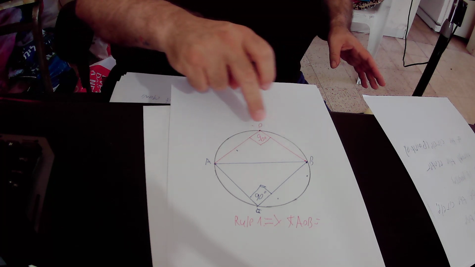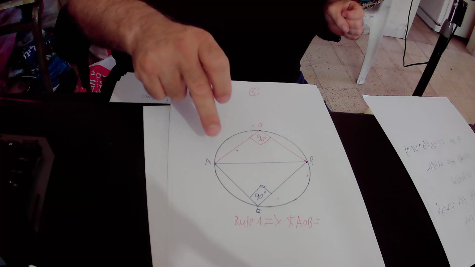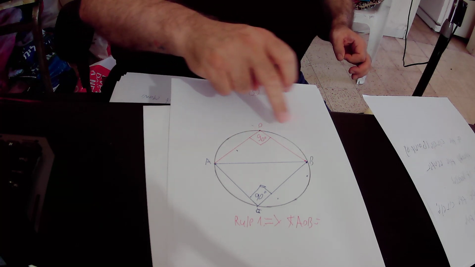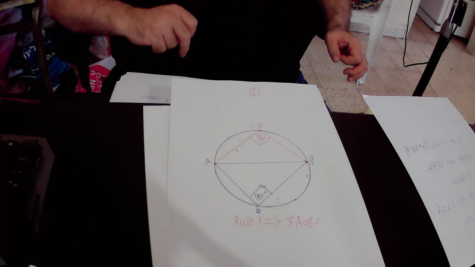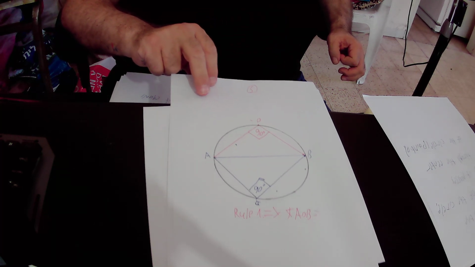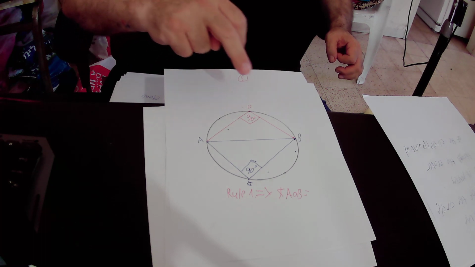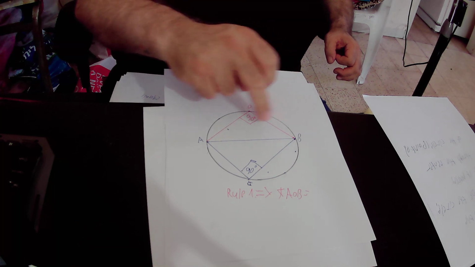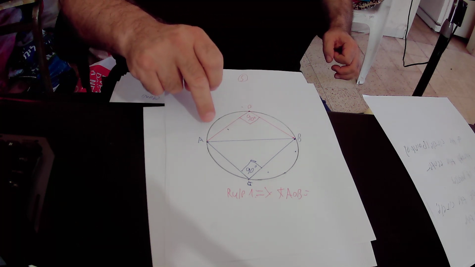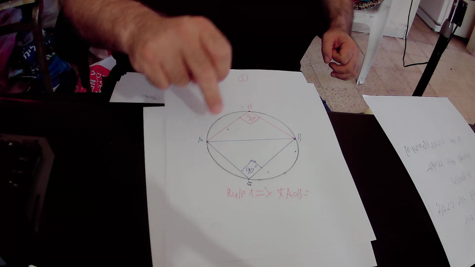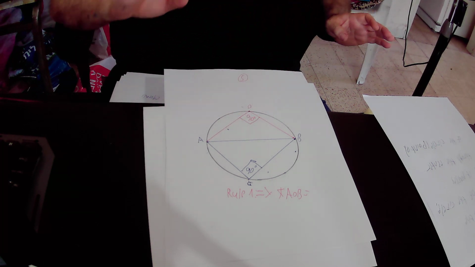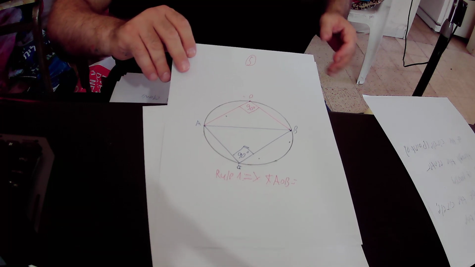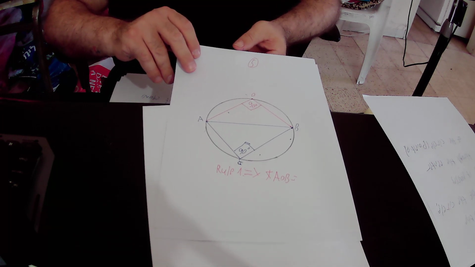The red angle rests on AB, that is the diameter of this circle. For that reason, angle AOB equals 90 degrees. And in the same way, angle ACB rests on AB, that is the diameter of this circle. For that reason, angle ACB equals 90 degrees. Okay, so that is the explanation of rule number 1.